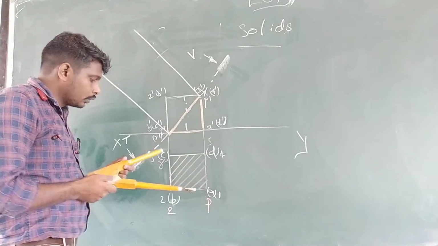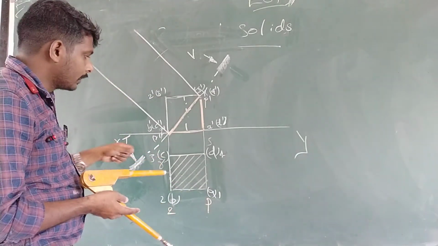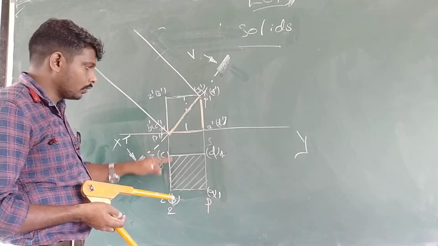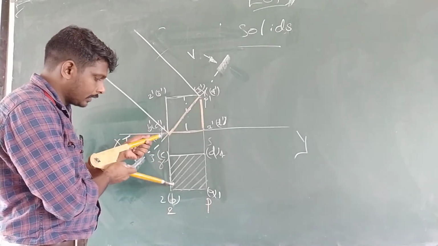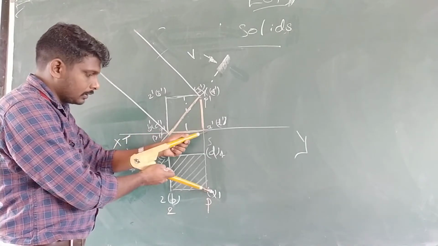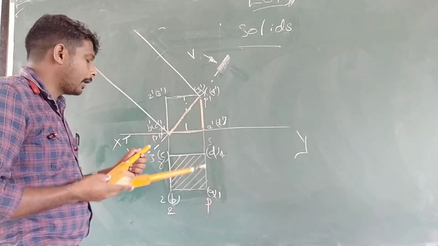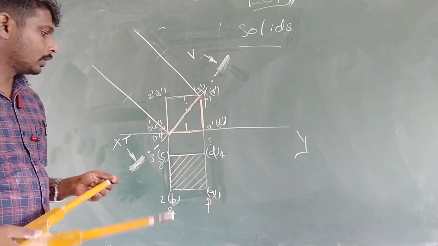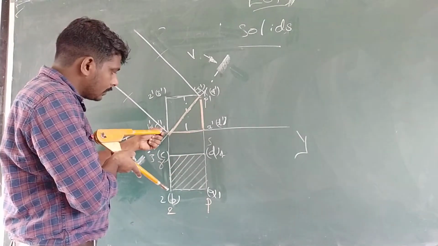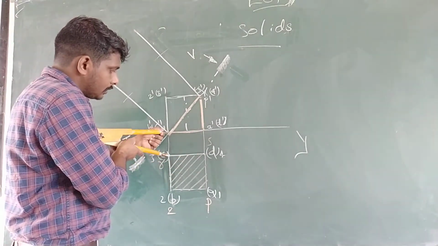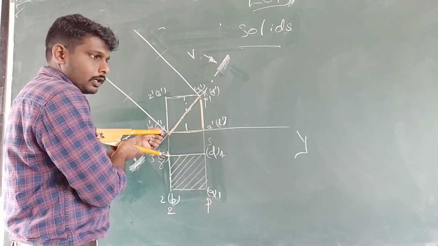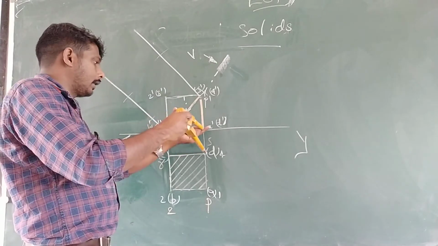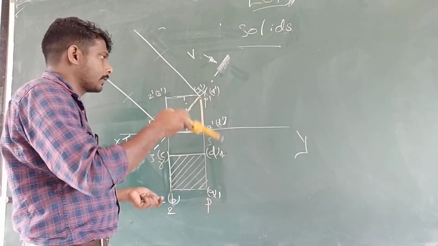To find capital Q, find the distance of top Q from the XY line, and mark it from Q dash. To find R, take the same XY distance to the top view of R and mark it from R dash. And S also like this.